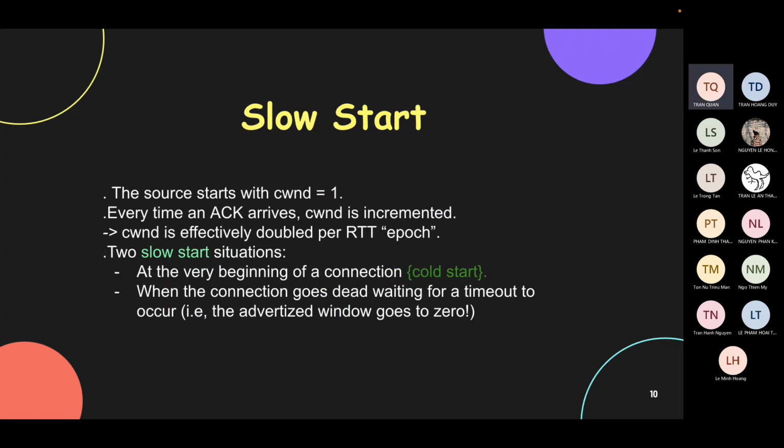The sender should start with CWND equal to 1. Every time an ACK is received, CWND is incremented. CWND effectively doubles per RTT.